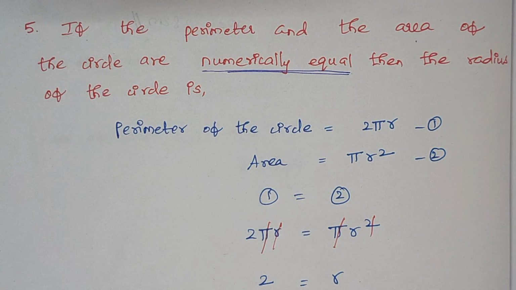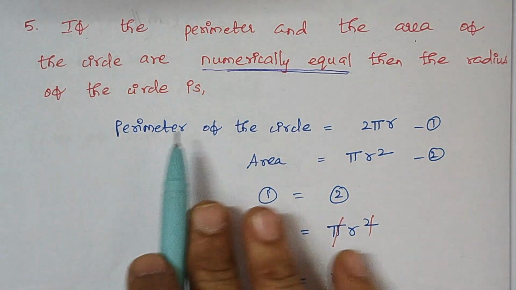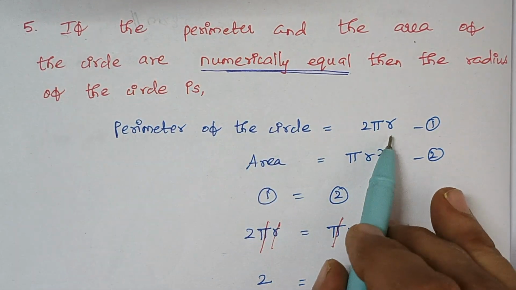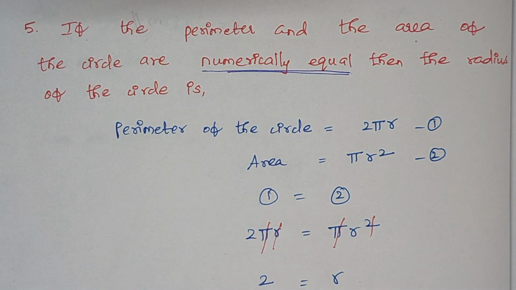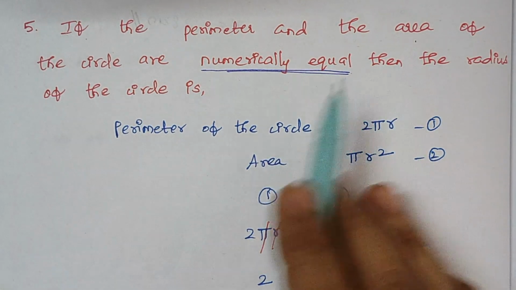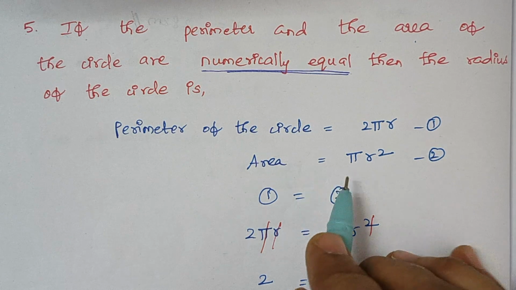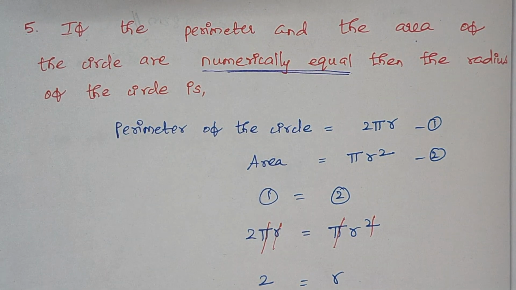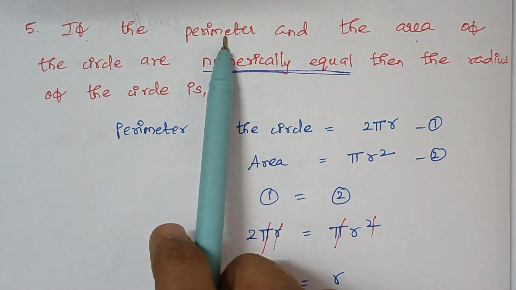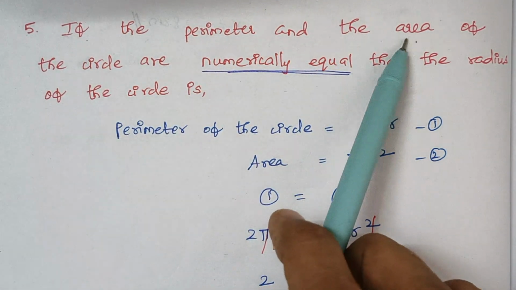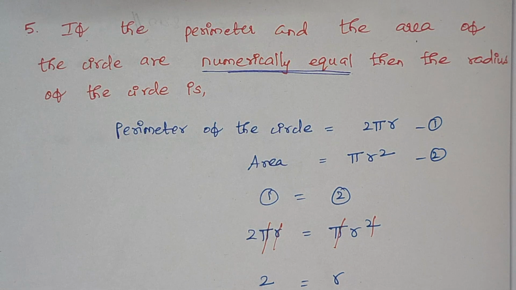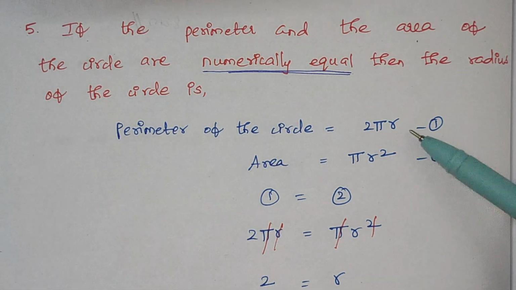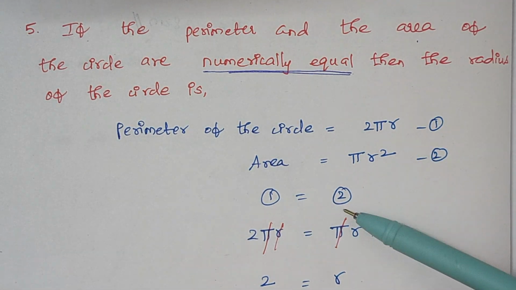So regarding a circle, perimeter is given by the formula 2 pi r, which is nothing but the circumference, and area of the circle is given by pi r square, right? And this perimeter of the circle is equal to the area of the circle. So when these two things are equal, we can equate them.